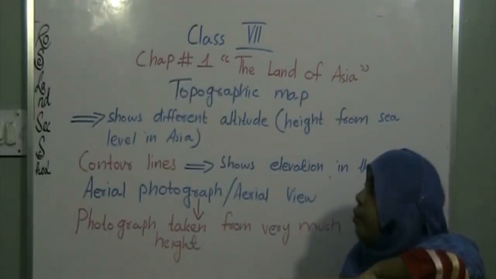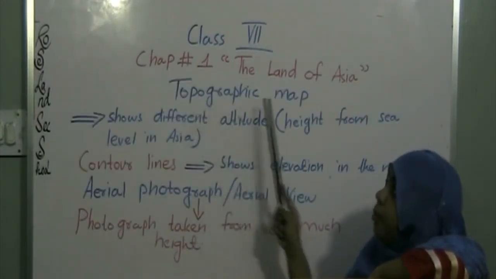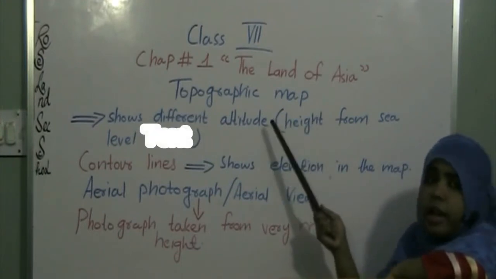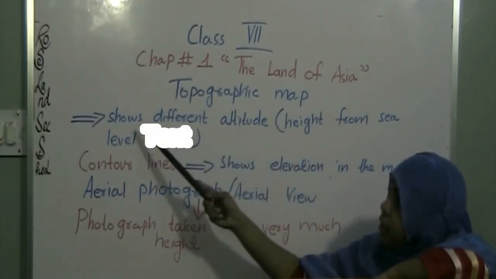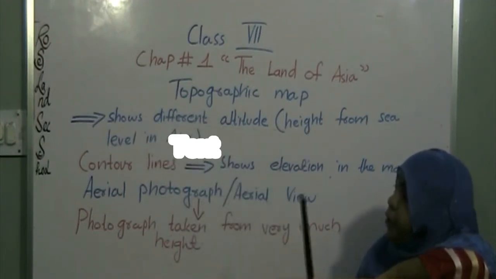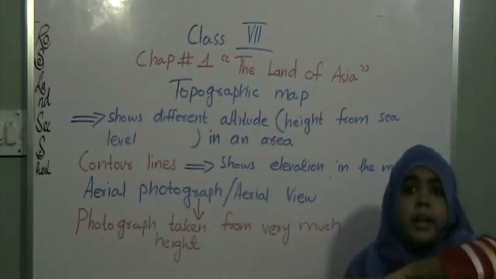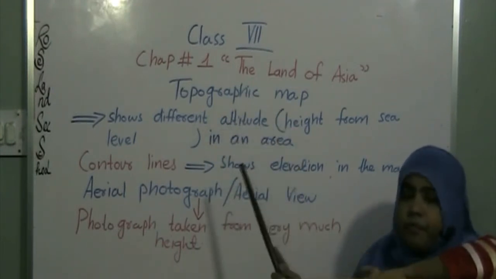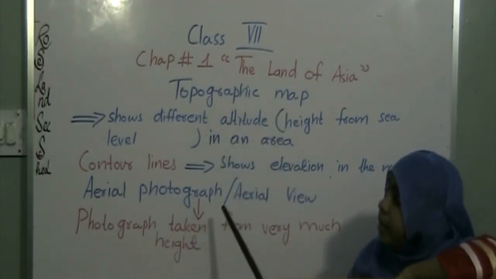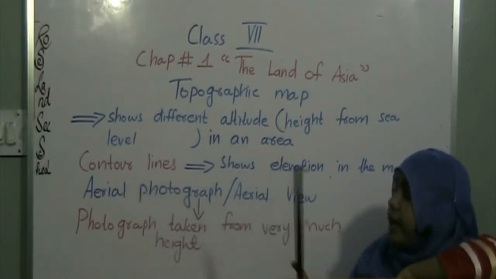Now class, we are going to study topographic maps. Which kind of maps are these? They show different altitudes, differences in height, and the topographic map shows these differences. Then class, next we have contour lines.